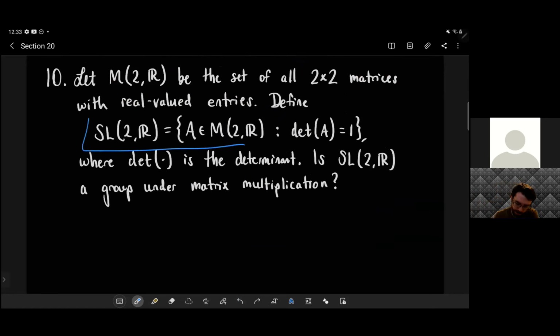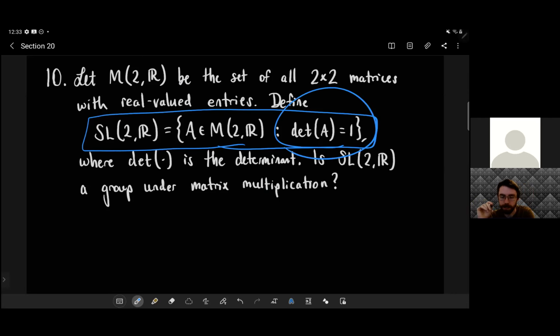And then define some subset called SL2R. SL stands for special linear. Linear because we're talking about matrices, and matrices represent linear transformations. Special because we're going to have it be the set of everything with unit determinant, which, I don't know how much geometry you were taught in linear algebra, but it means that the linear transformation doesn't stretch.